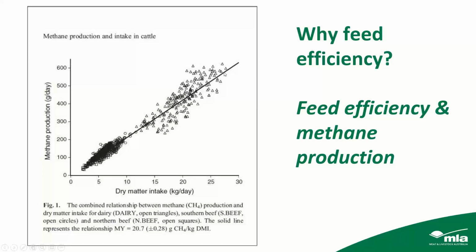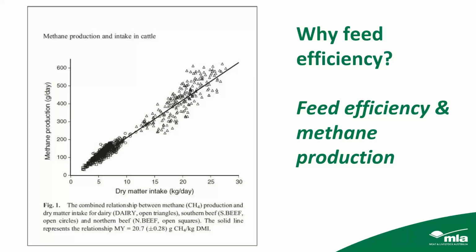What that's actually showing is the difference between dairy production, northern beef production, and southern beef production, as you can see underneath there. Don't worry about that too much, but just understand that those dairy cows are eating an enormous amount of feed and hence producing an enormous amount of methane. In Australia, we don't have a large population of dairy cows relative to our beef cows.